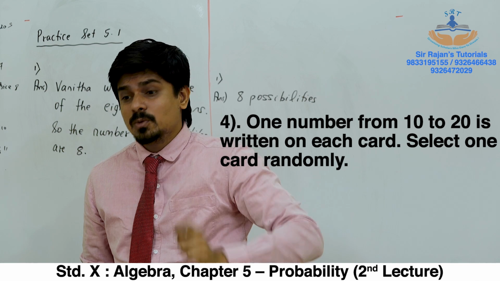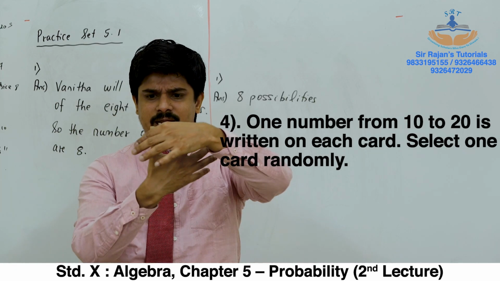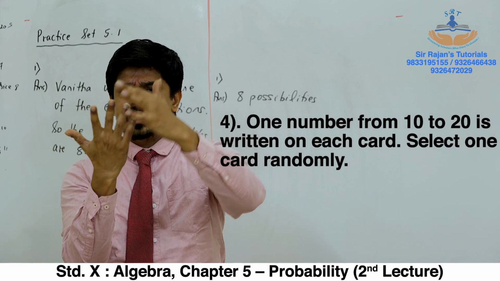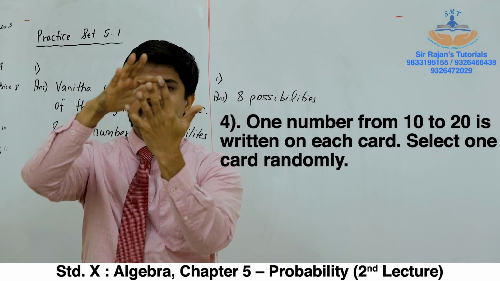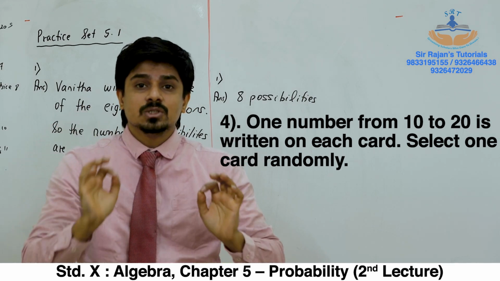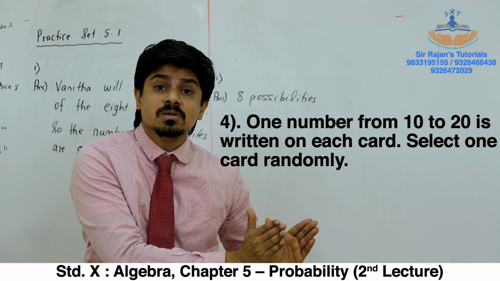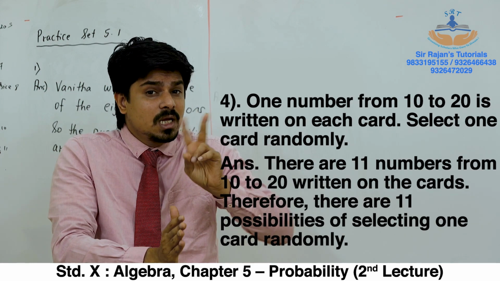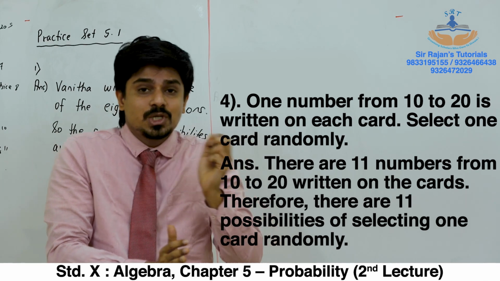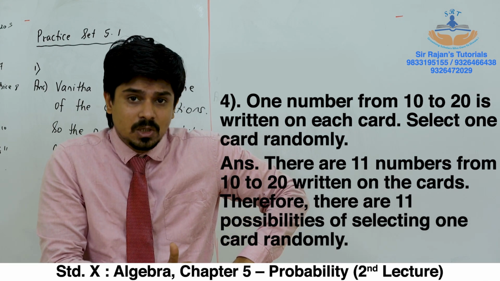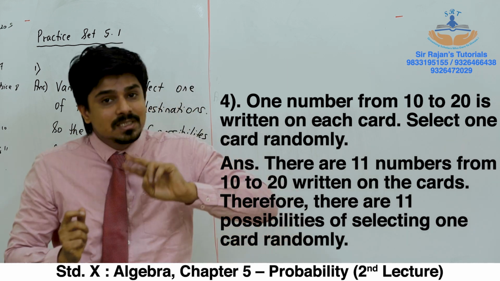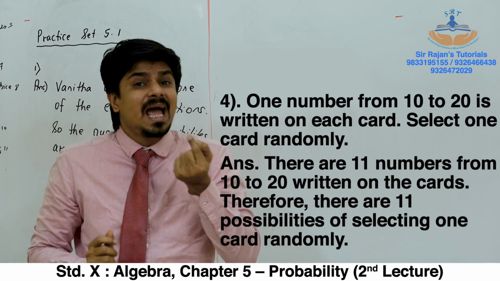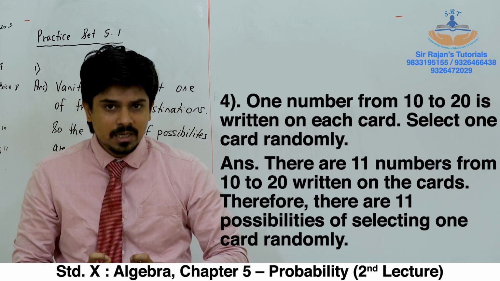There will be 11 possibilities. You can count 10, 11, 12, 13, 14, 15, 16, 17, 18, 19 and 20. So there are 11 different possibilities over here. Directly don't just subtract when both the first and last numbers are included. Whenever both numbers are included, you have to add 1 after subtracting. Clear with it?